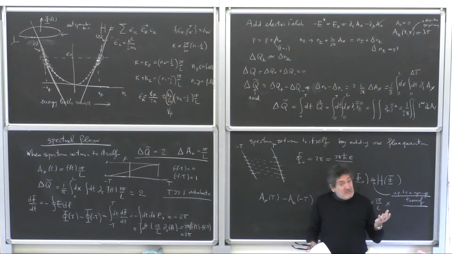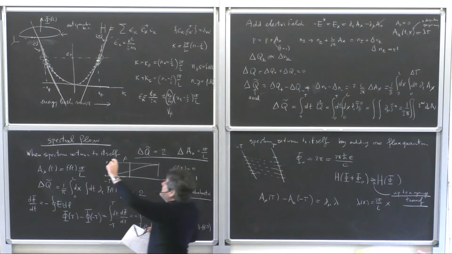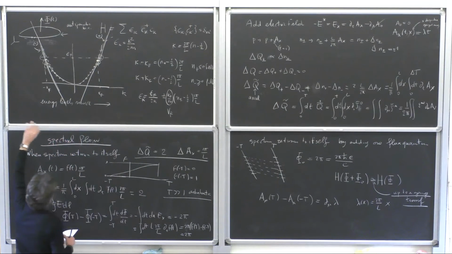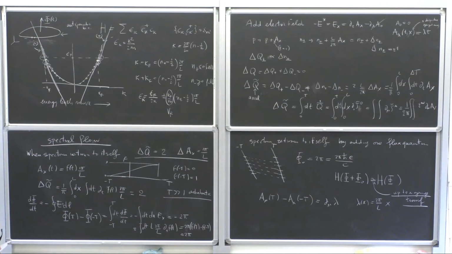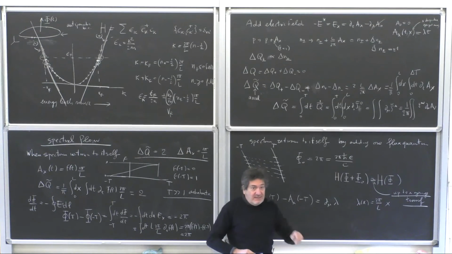The energy changes, okay? For example, suppose you put in interaction. So on one side, maybe the electrons are closer spaced than on the other side. The energy will change, but the net effect on the charge will be the same. Okay? So, just a second, then I answer.